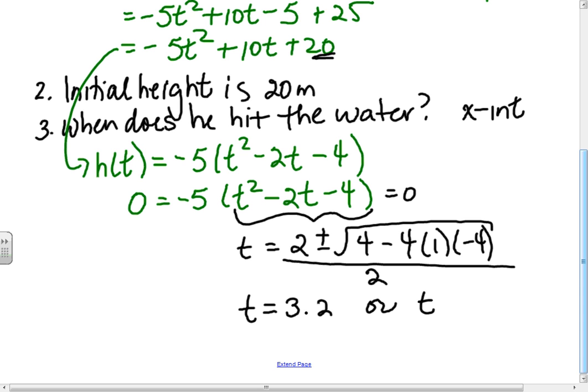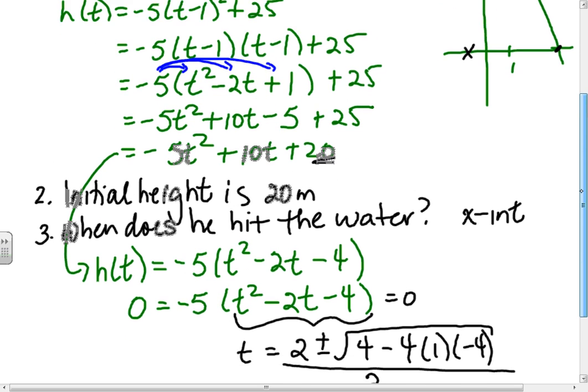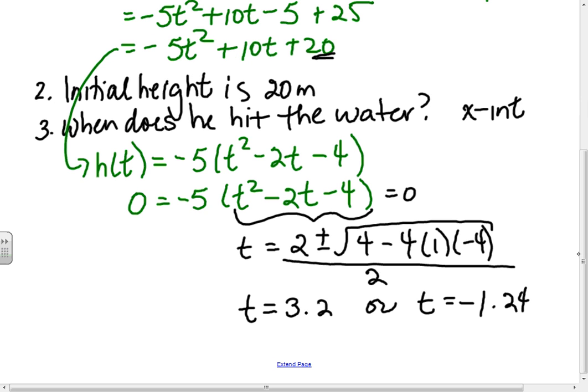When I use the negative, I get an answer of negative 1.24, and that fits with the graph that we drew, but we know that the negative answer is not applicable in this particular scenario because time isn't negative in this problem. So he hits the water at 3.2 seconds.